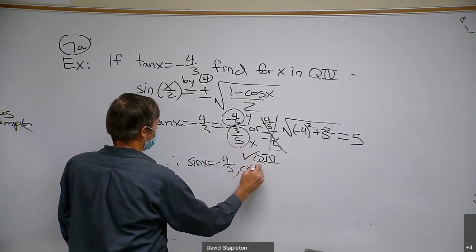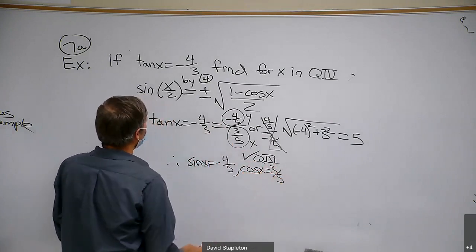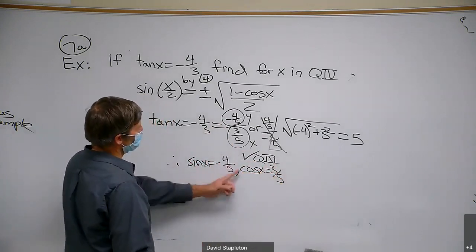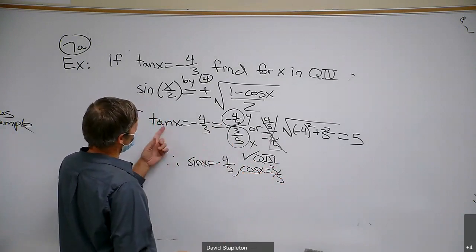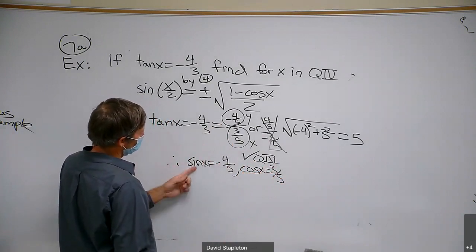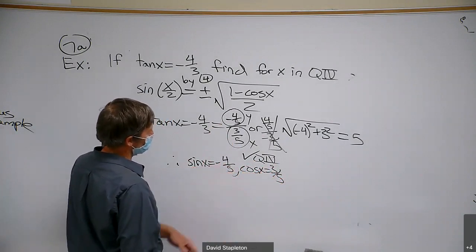Cosine x is plus 3/5 in quadrant 4. So given tangent, I compute sine and cosine this way. Then I get the others all by reciprocals, right? Cotangent is the reciprocal of tangent. Cosecant, the reciprocal of sine, and secant, the reciprocal of cosine.